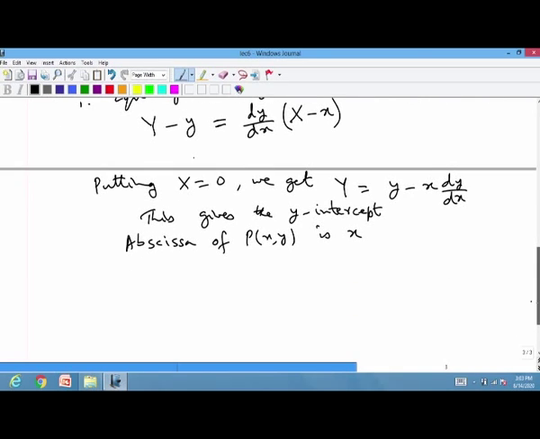So, what is given is the y-intercept y minus x dy dx is equal to x cube.